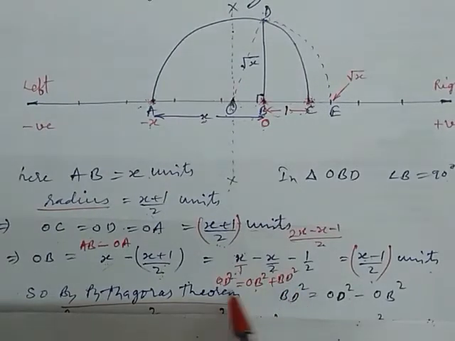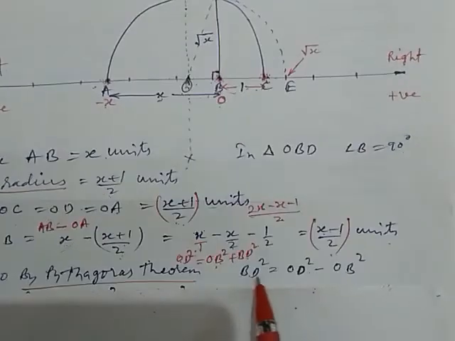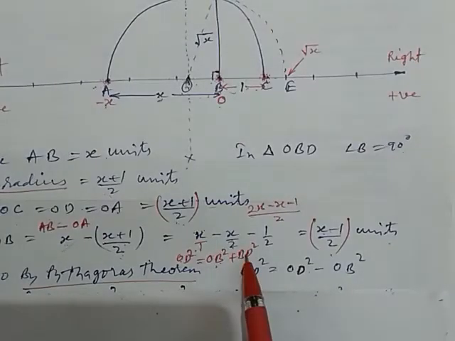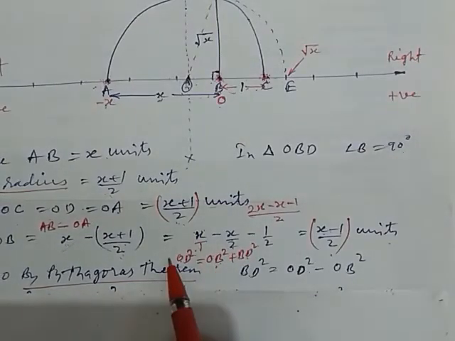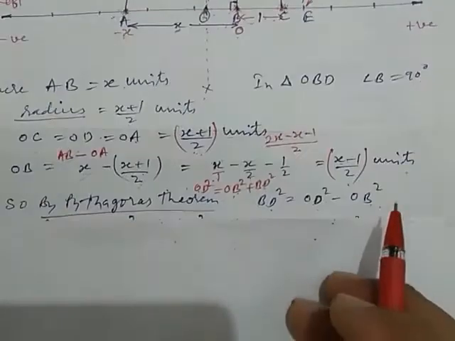Now we transpose OB square to this side, so this becomes OD square minus OB square, and we get BD square. Okay, BD square equal to OD square minus OB square.